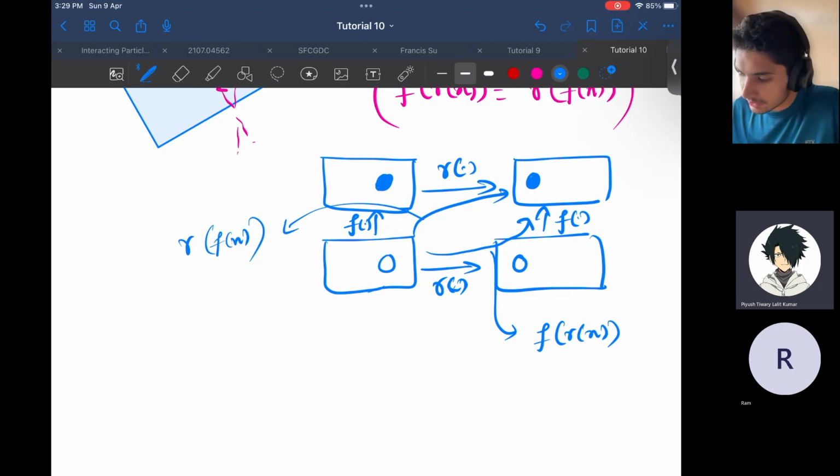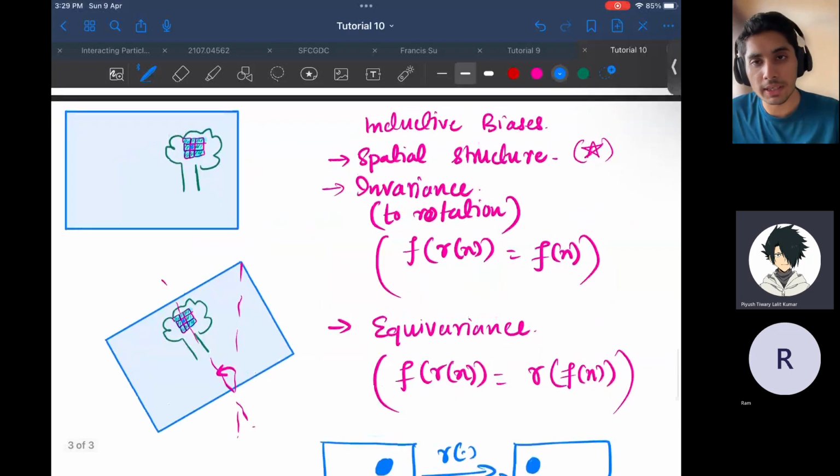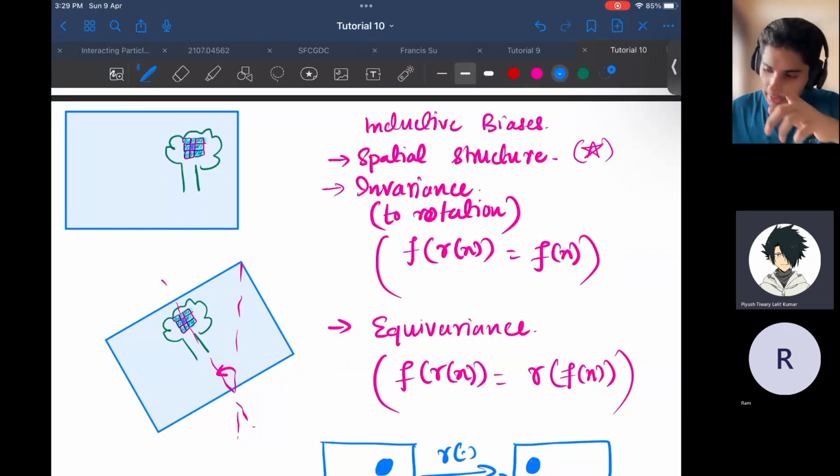All right. So these are the things that on a broad level, our human mind already accommodates, and we would like these things to be accommodated in a network as well. Out of these three things, CNNs actually incorporate two things. The two things are spatial structure and invariance.